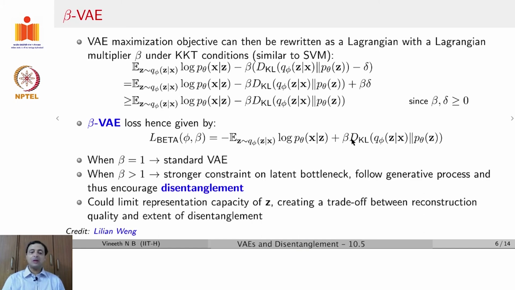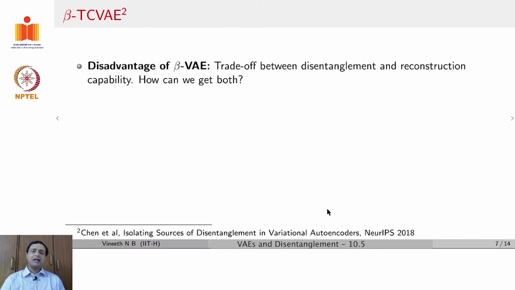The only problem now is this could limit the representation capacity of Z, thus causing reconstruction problems for the entire VAE. That brings us to another question, which almost looks like a trade-off between disentanglement and reconstruction capability.